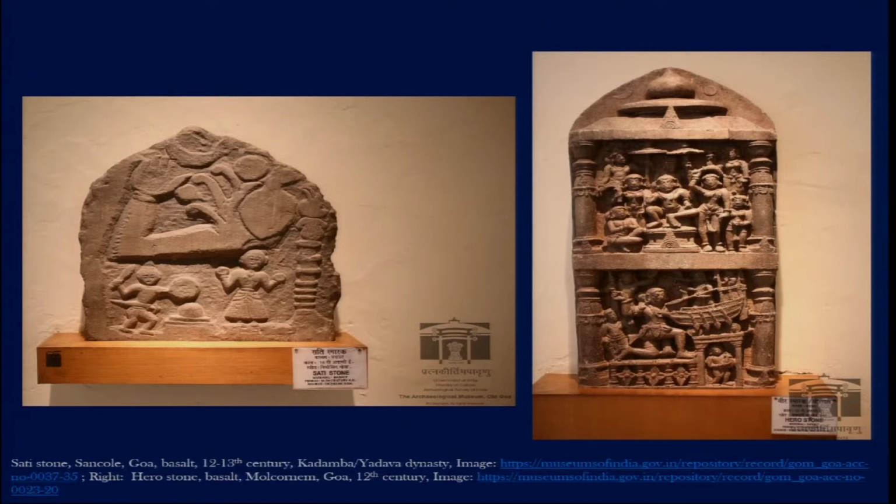What we see as part of the sati stone are some characteristic features. If for hero stones we find particular heroic figures, for the sati stone there are a few other characteristic features. Sometimes we do not really see the face of the person considered sati, but what is prominently featured is the right arm.